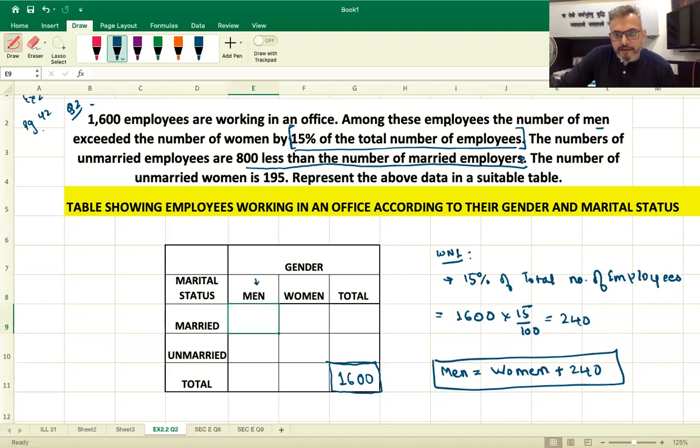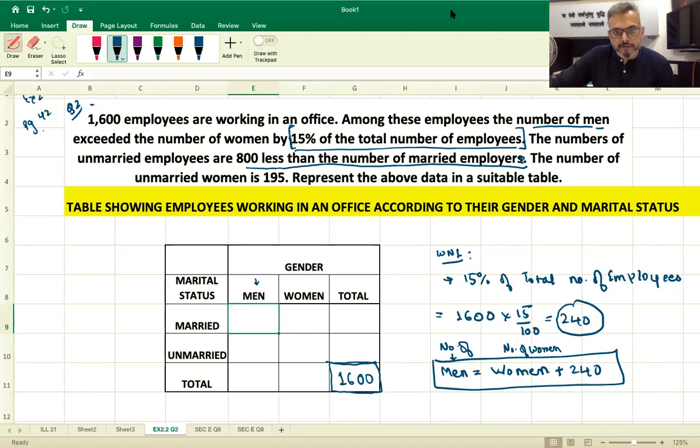I'll read once again. The number of men exceeded the number of women, meaning men are more than women by 15% of the total number of employees, that is 240. So the number of men is equal to the number of women plus 240.